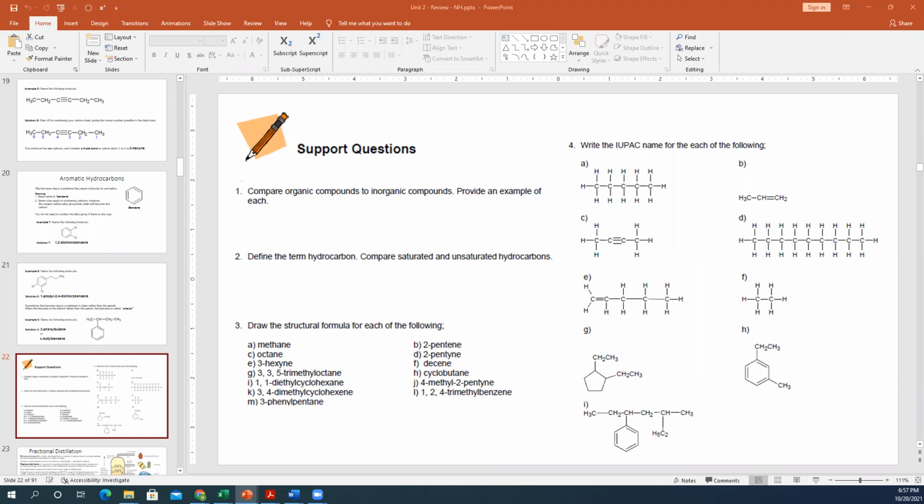Let's start with just naming them, because I think it's trickier to draw structures here. Can somebody take a stab at giving the name for this first compound here?